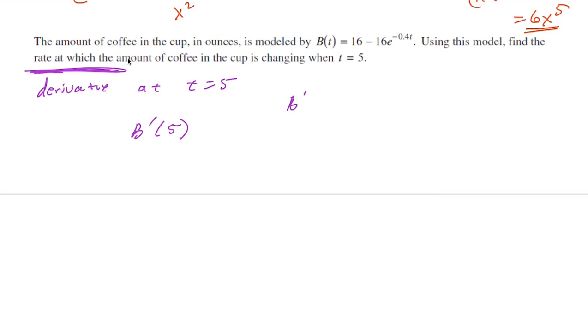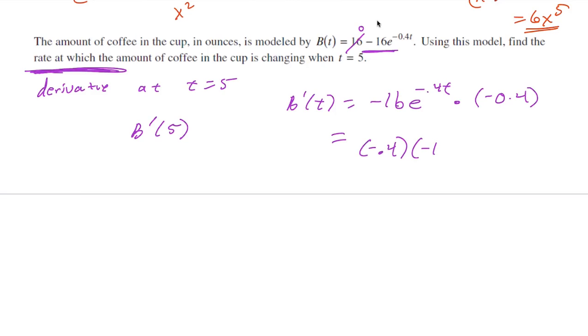So let's take a derivative. Derivative of 16 just goes away. Derivative of negative 16e to the negative 0.4t. That is a chain rule. It's an e problem. So remember the way we do e problems is you copy it, times by derivative of the inside. Derivative of the inside here is negative 0.4, sorry. So we get, blah, blah, blah, negative 0.4 times negative 16 e to the negative 0.4t.